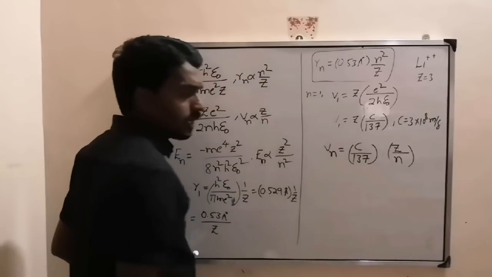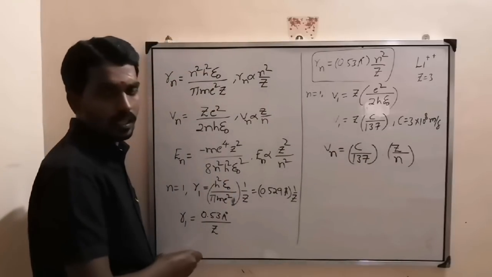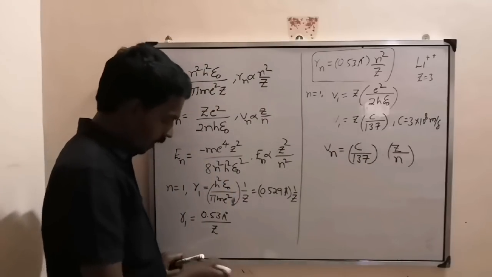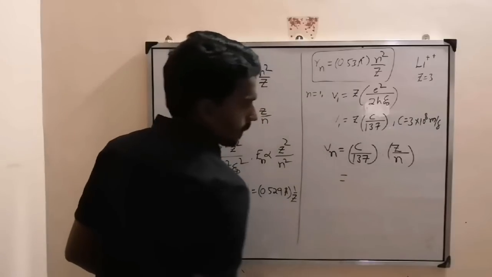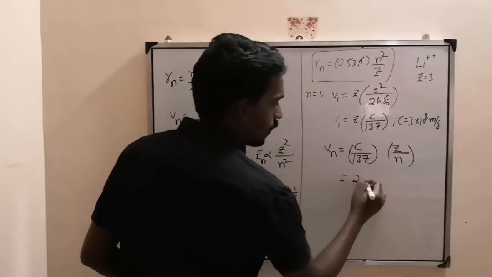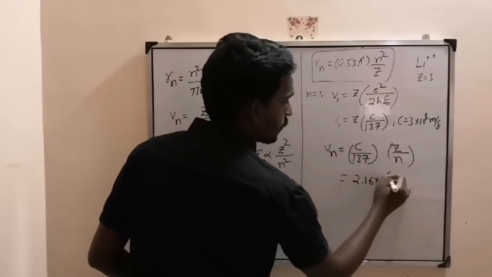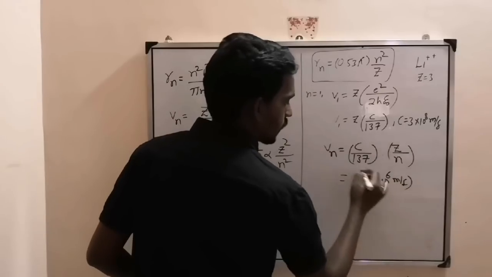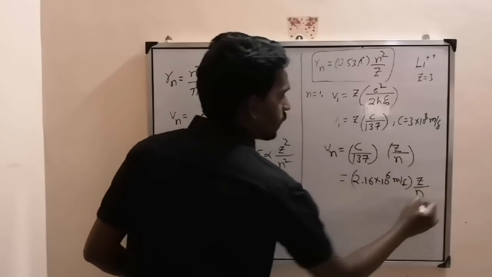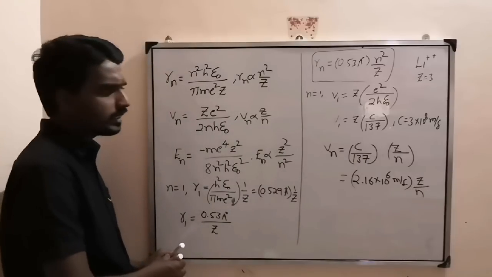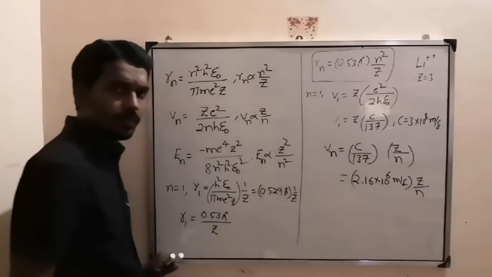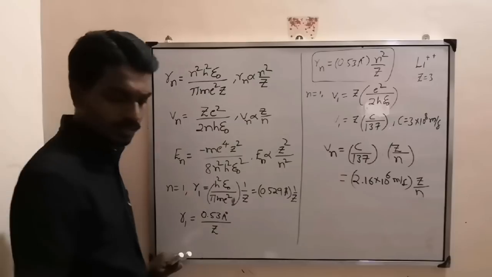And here C by 137, this value is approximately equal to 2.16 into 10 power 6 meter per second times Z by n. This is the speed of nth orbit electron.